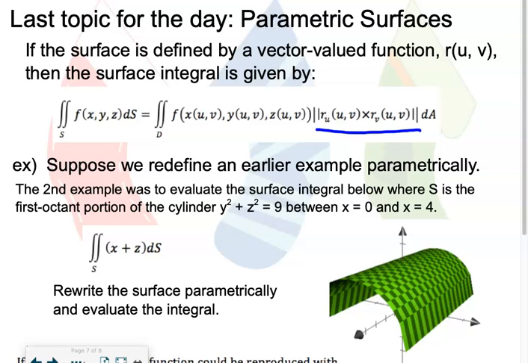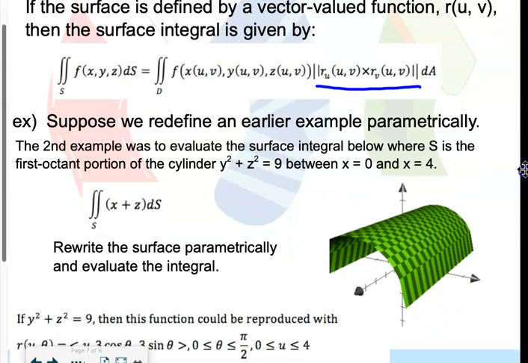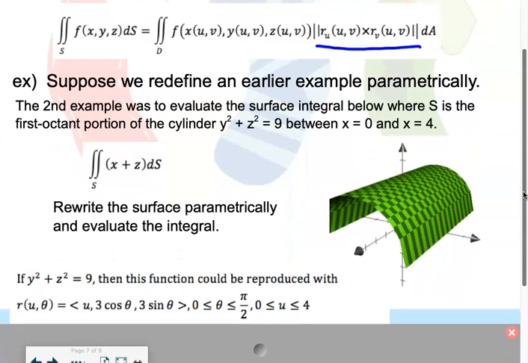If you have to rewrite this surface parametrically, this is kind of what we started talking about on Friday, how to write a surface parametrically. Whenever you have to write a cylinder parametrically, do the circle the way you're used to: R cosine theta, R sine theta, and then just let the other input variable be the height.